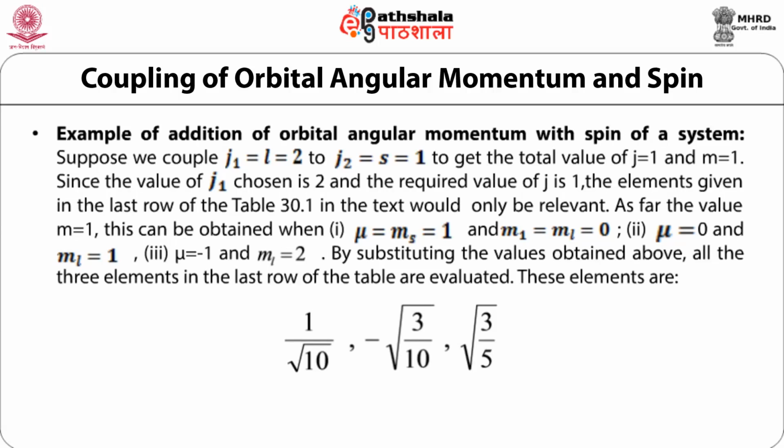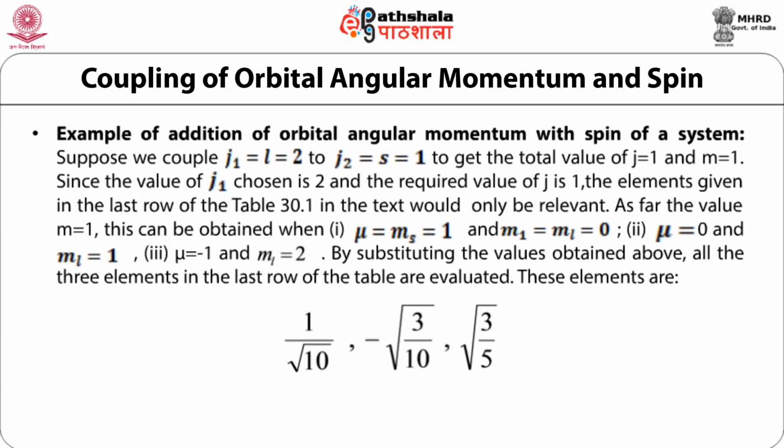Example of addition of orbital angular momentum with spin of a system. Now let us see how we can use the Clebsch-Gordon coefficients to find out the coupling between the orbital angular momentum and the spin angular momentum of a system. And this we shall do by taking some examples.